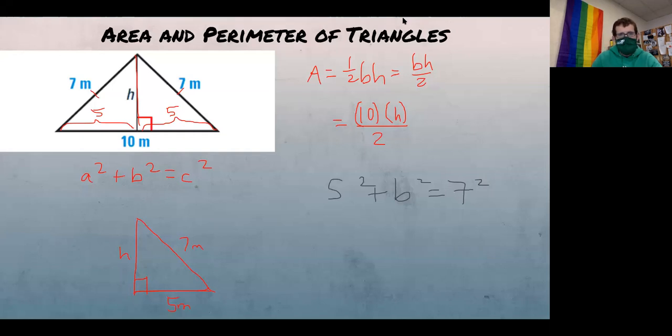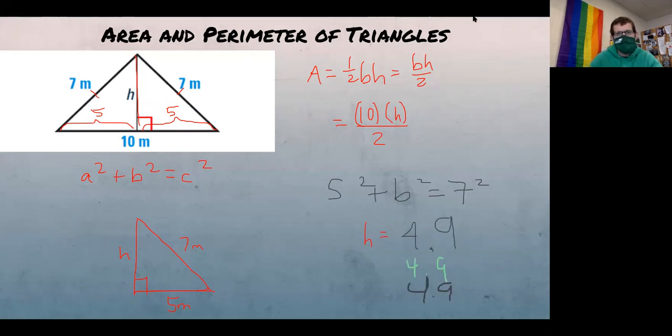So if this is our Pythagorean theorem, we can set this up and solve for h. I'm not going to do that on screen. I want you guys to set it up, and I'll call this h instead of b, which, b or h, it doesn't really matter. But solve for the height, and as soon as you come up with an answer, feel free to write down what you come up with.